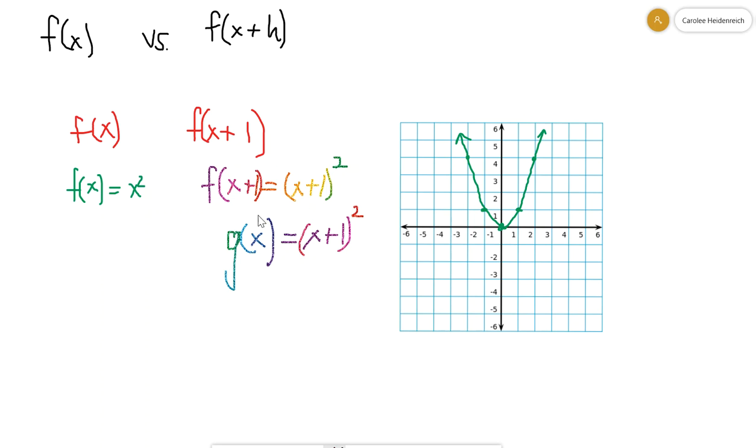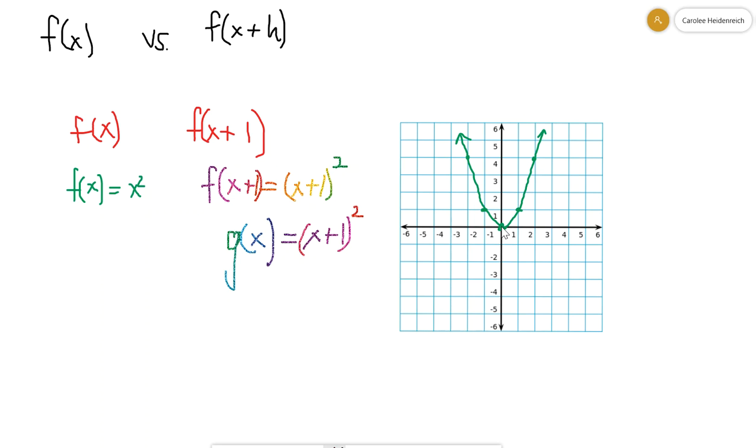First of all, I want to see where the vertex of the parabola moved. That will tell me a lot about which way the function is moving. This point used to be 0, 0 for the parent function. Where has it moved?